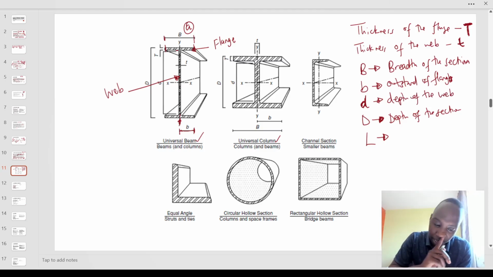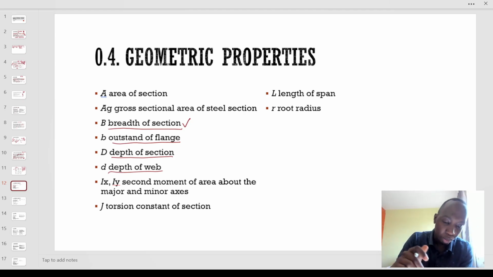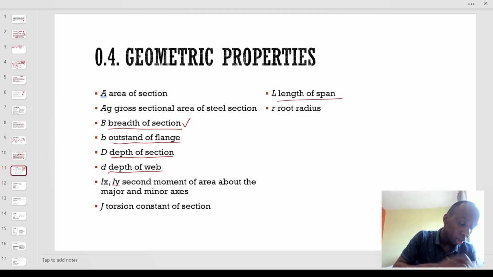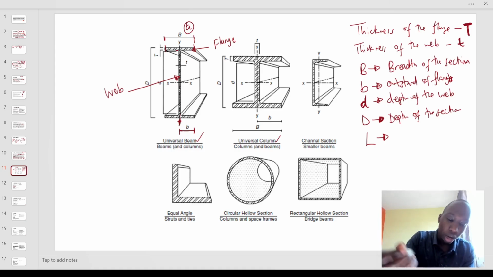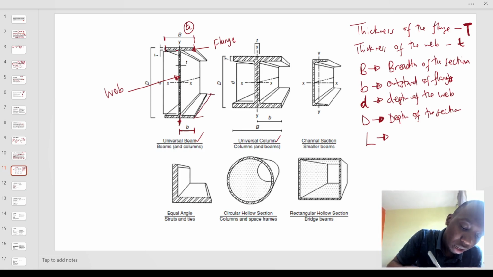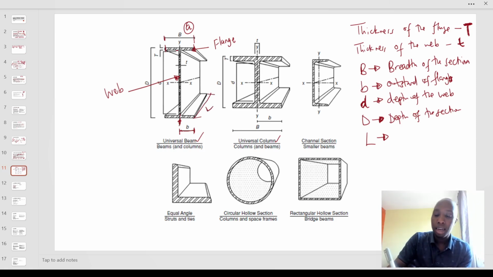What else? L will be the span. L is the length of span. Why have they not shown us here? But L is here. How long? L is the length of span.